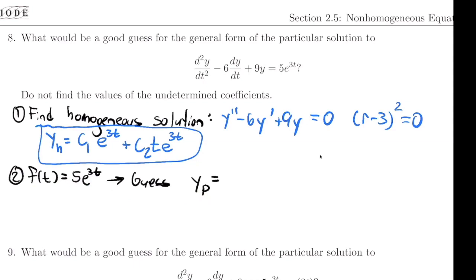So if I'm working with this one, we look at this and say, okay, I'm going to guess a function that looks pretty similar to that. And does this guess have resonance with the homogeneous solution or not?